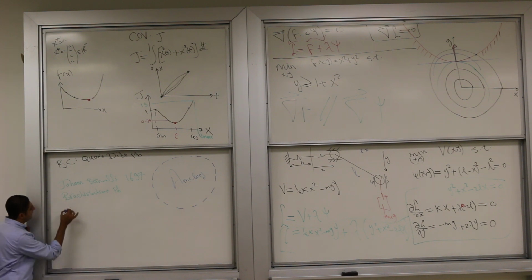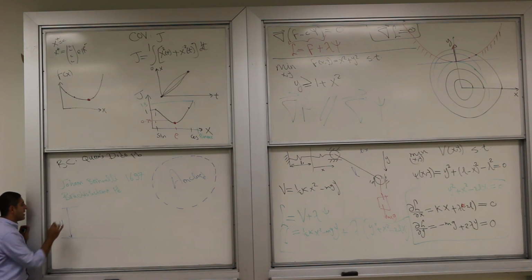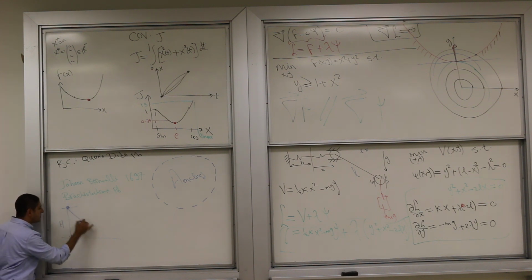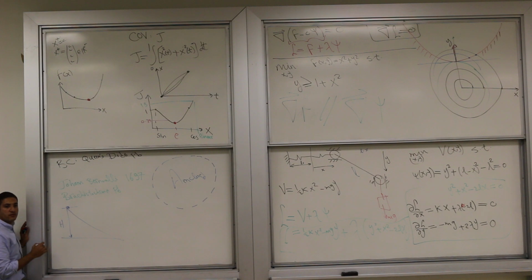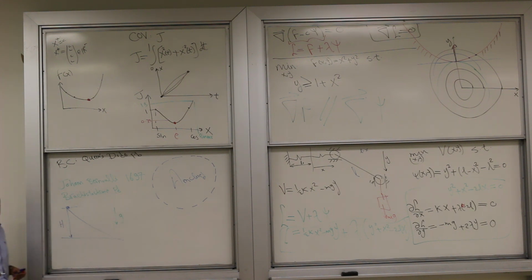So he has the following. I have a certain height, h, and I have a ball here that is starting from rest, and it will slide down some smooth curve. I want this ball to come down under the action of gravity in minimum time.